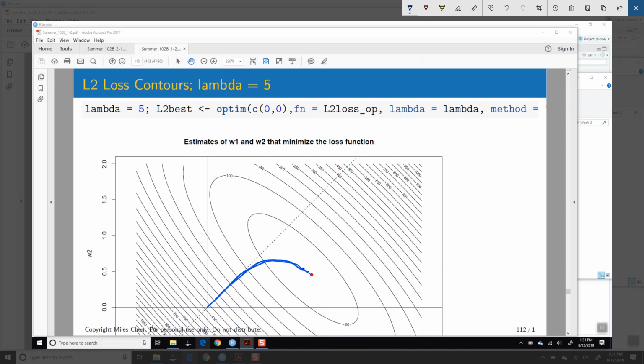So why would it travel towards this line of W1 equal to W2? This is the line where W1 is equal to W2. So why would it do something like that? Okay, so just think of what the penalty is, right? The penalty is the L2 norm of W.